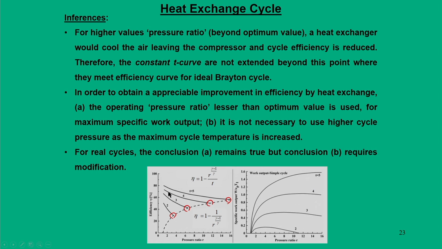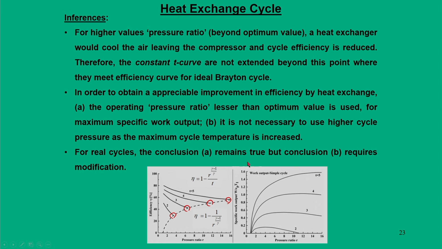We can achieve this pressure ratio in a heat exchange cycle with T equal to 4, for which we need not have very big compressors that give a similar pressure ratio. So, eventually, the inclusion of a heat exchanger in the cycle is a very significant aspect for gas turbine engines.